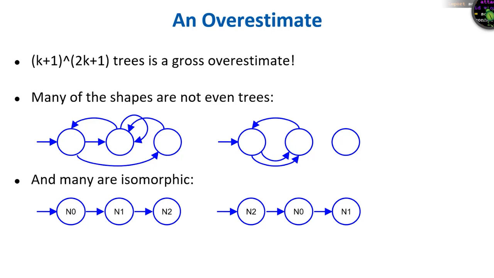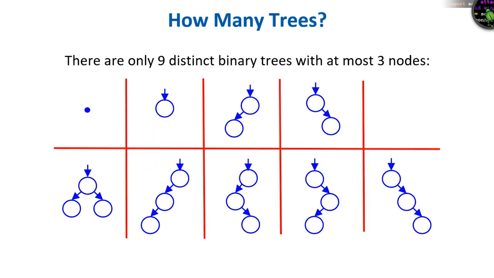Additionally, many of the trees that are created would be essentially the same. They would be isomorphic, indistinguishable for the purposes of testing. In fact, there are only 9 non-isomorphic binary trees using at most 3 nodes.